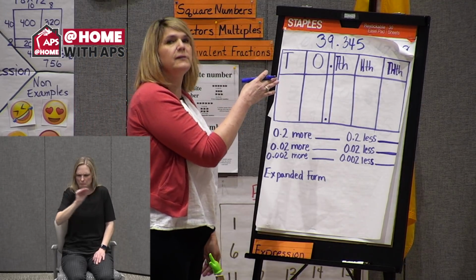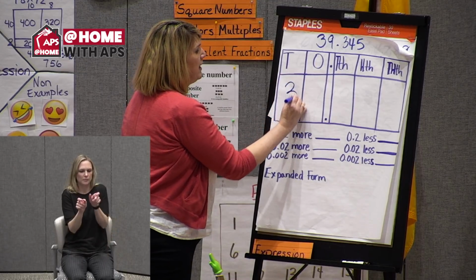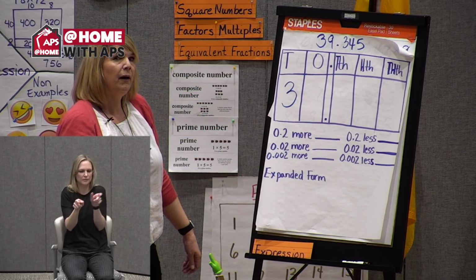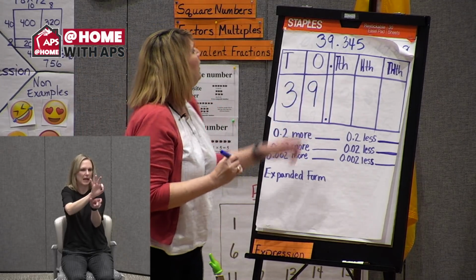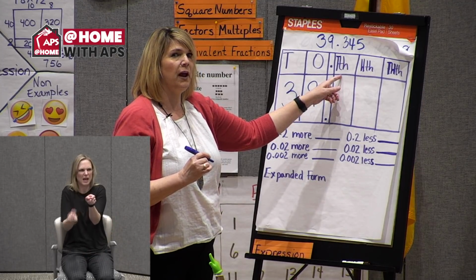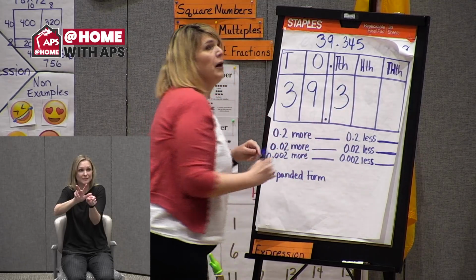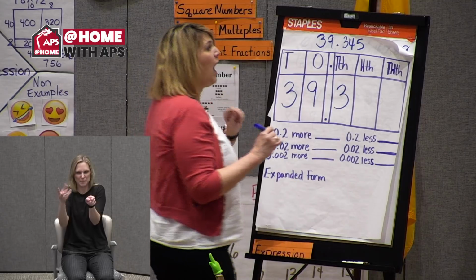Where are our tens? We have 3 tens. Let's put that in there. How many ones do we have? I heard it. 9, correct. All right, what about tenths? How many tenths do we have? 3 tenths. Hundredths? We have 4 hundredths.